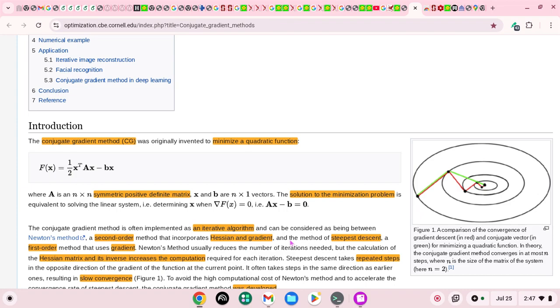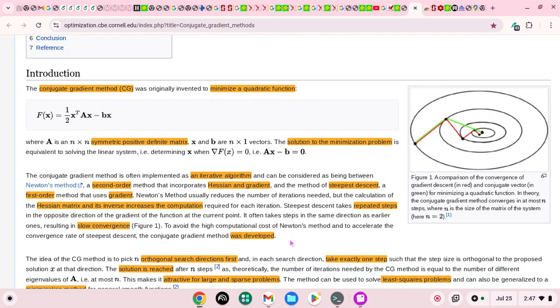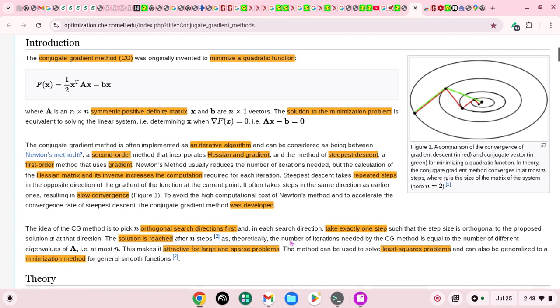The second order method takes only a few steps, but at every step we need to compute the Hessian matrix and find its inversion or use some sort of inner linear solver. The steepest descent method is a first order method, and it does not need the second order Hessian matrix, but it has slow convergence because the steps are repeated in many iterations. Hence, to overcome these two difficulties, the conjugate gradient method lies in between them.